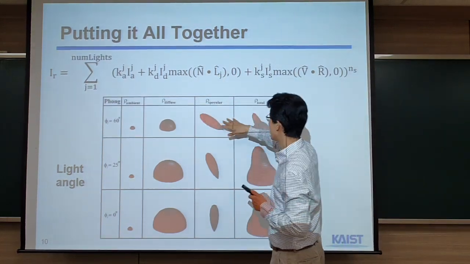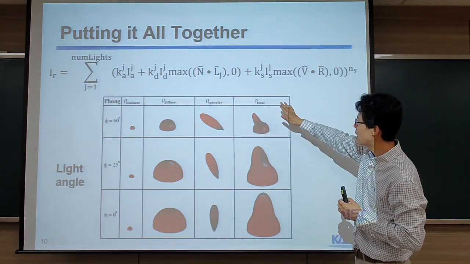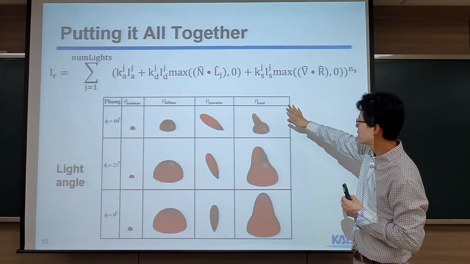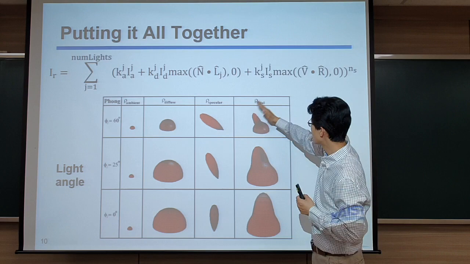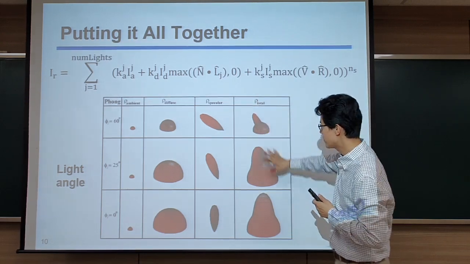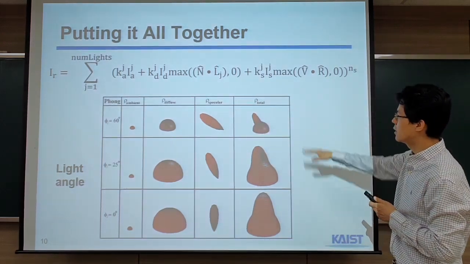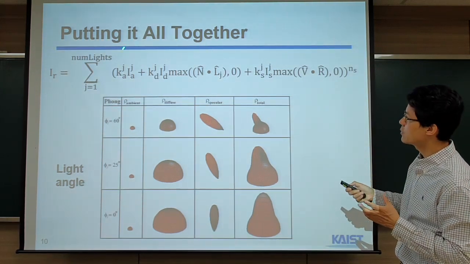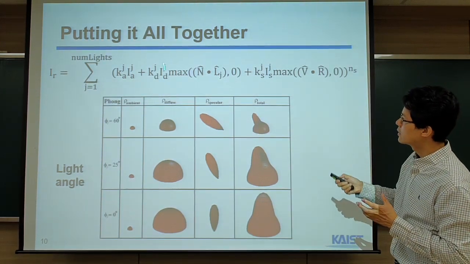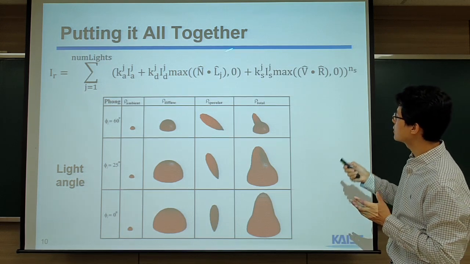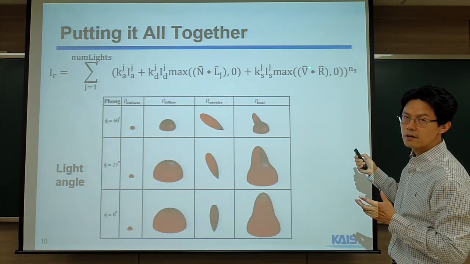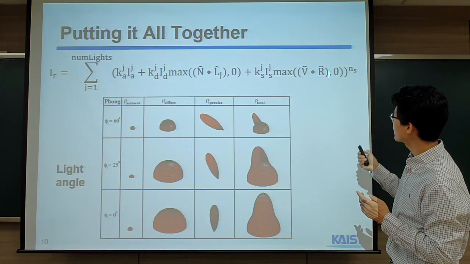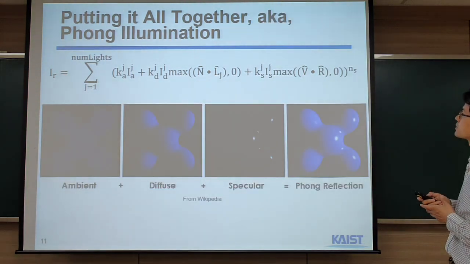And then, if we put the ambient term, diffuse, and specular together, this equation tells us how the energy is reflected from here in different directions. This is how you can visualize it with these illustrations. This is known as the Phong Illumination model, consisting of ambient, diffuse, and specular terms for non-ideal reflector materials.